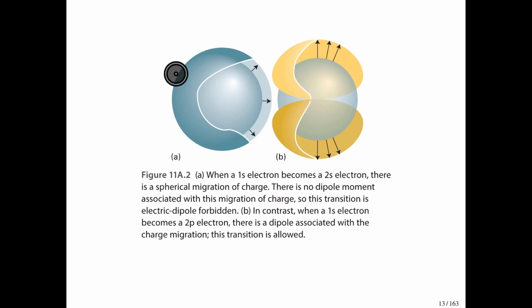And so this is an unallowed transition, whereas this transition here between, say, a 1s orbital and a 2p orbital is allowed because there's a change in the angular momentum quantum number. And so that's the specific selection rule for atomic spectroscopy, or at least one of them. And it allows you to distinguish between allowed transitions and forbidden transitions.